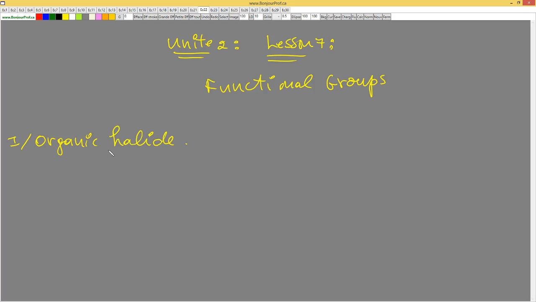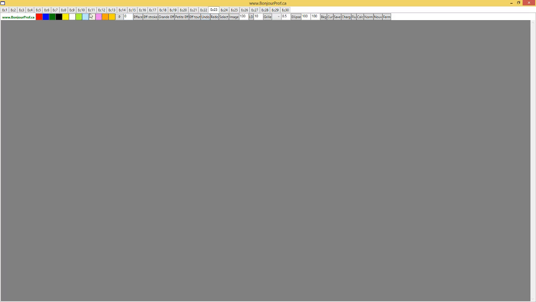Organic halides are alkanes or hydrocarbons with halides. What are the halides? You have fluorine, chlorine, bromine, iodine, etc. This is the halides. And the organic halides, they are carbon, hydrogen, and chlorines and halides.